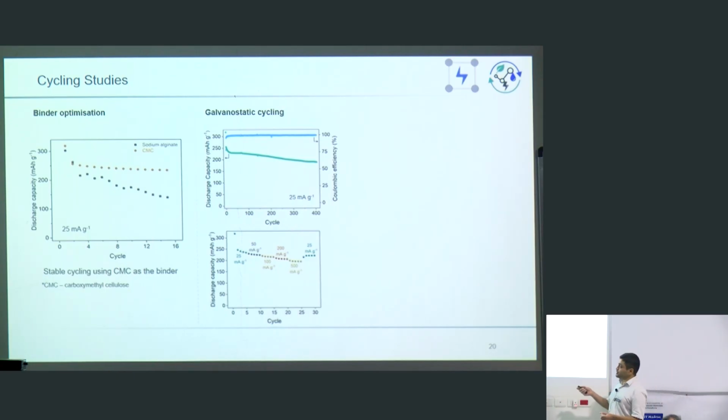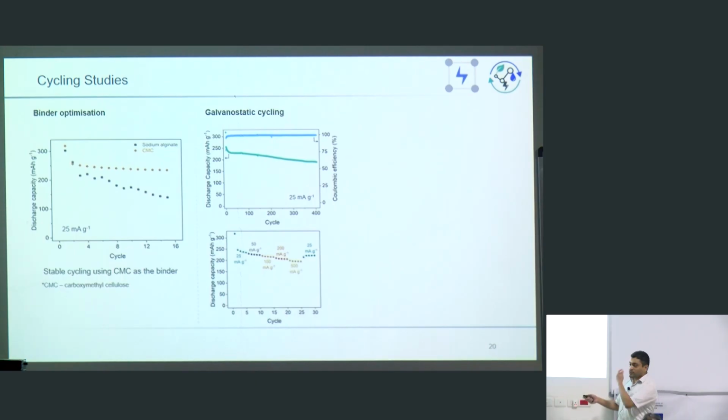The other experiment is slightly different. You can imagine this experiment to be something like you're driving an electric vehicle or electric bike, and you suddenly want to accelerate. So you are actually demanding a lot more power from the battery. Then you apply your brakes, and you're actually reducing the power output from your battery. So this is an experiment where we change the current density that we apply to this battery, and check the capacities that the material is able to achieve.